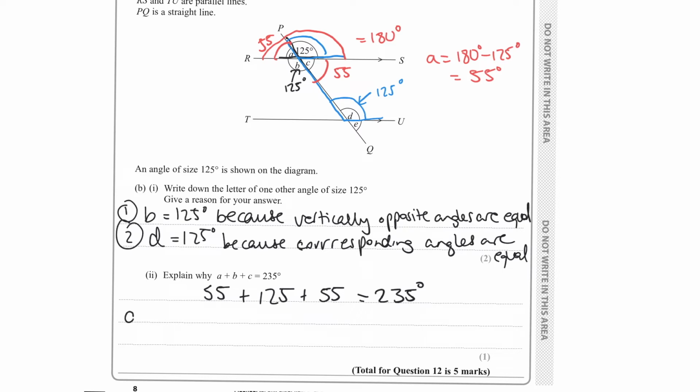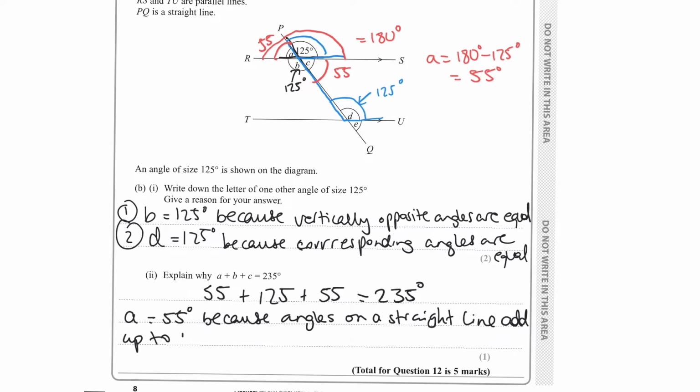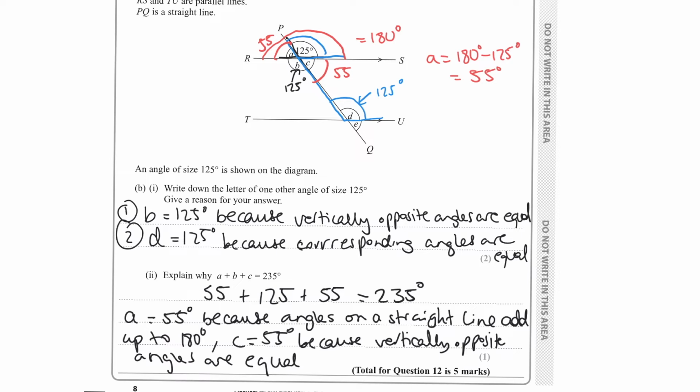And in terms of your A being equal to 55 degrees, your reason would be because angles on a straight line add up to 180 degrees, and then C being 55 degrees because vertically opposite angles are equal.